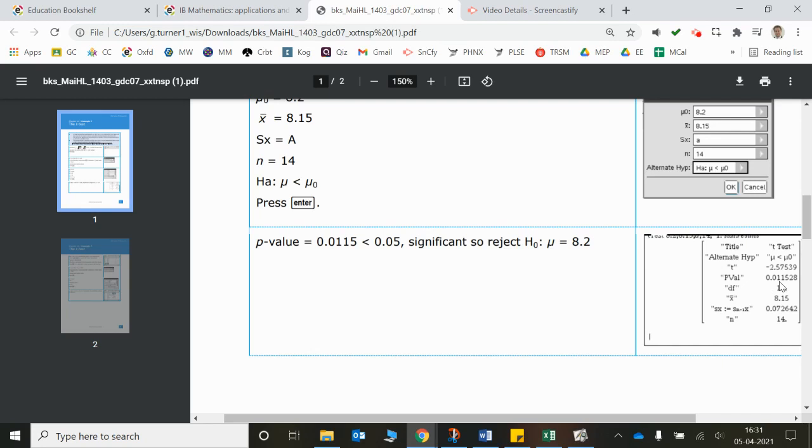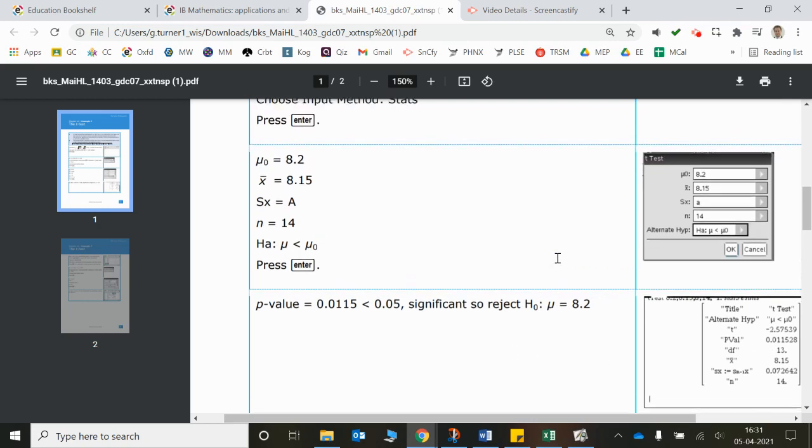So in fact, mine rounds off to 3 significant figures to the same answer as theirs, but to 4 significant figures, it's a different answer. So I could lose an accuracy mark there for using too few significant figures by truncating my answer for my standard deviation, in fact.